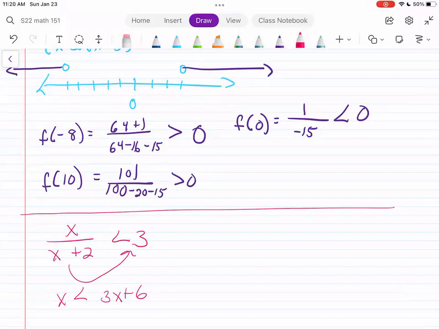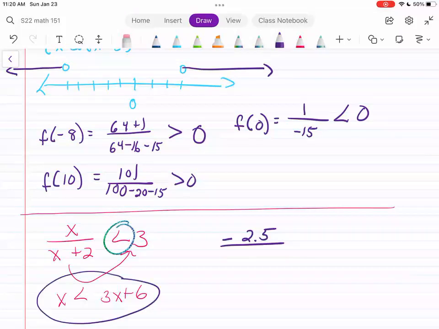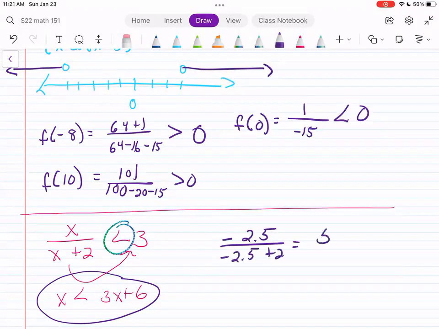Because remember, if it's negative, we would have to flip this inequality. But notice if you solve that, if I plug in something like -2.5, which if you solve this ends up in the solution, then I end up with -2.5 plus 2, which results in a -0.5, which according to this should be less than 3.